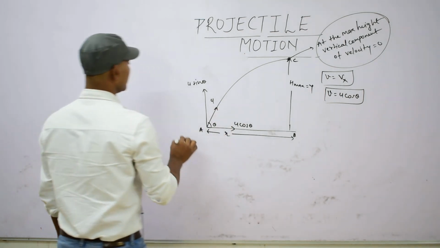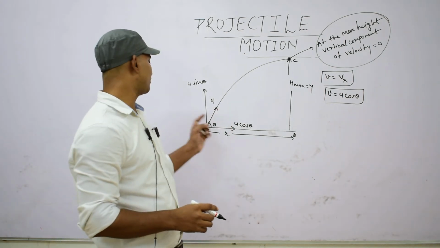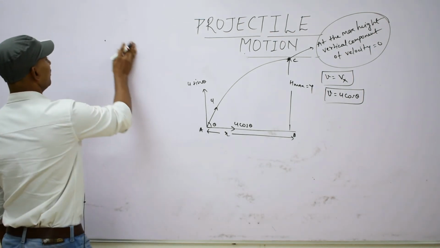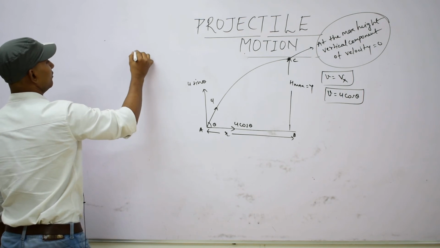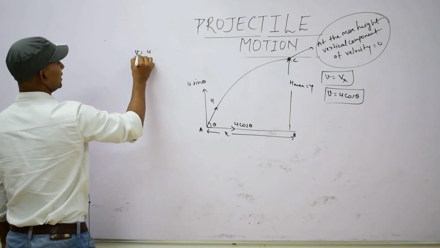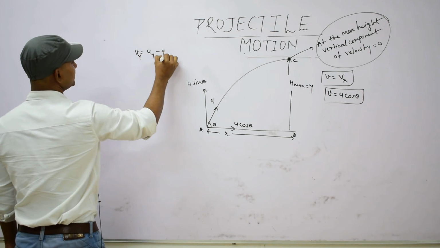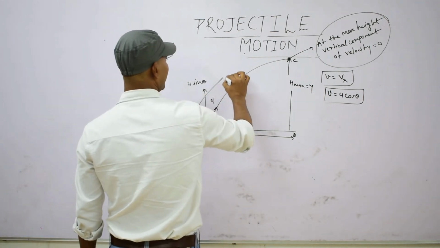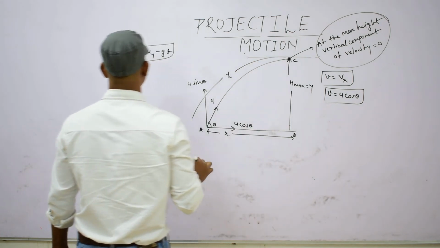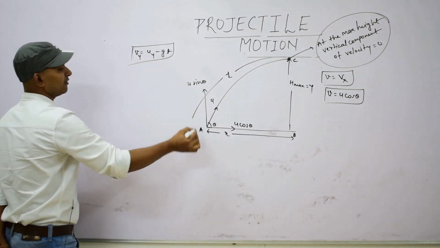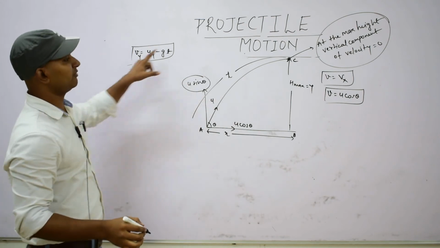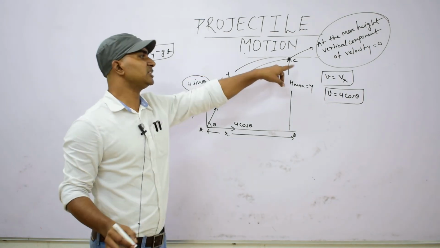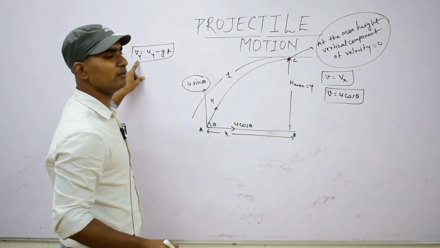Okay, so let's suppose I am just considering the vertical motion from A to C. From the first equation of motion, we can put that Vy is equal to Uy minus gt. Let's suppose the time from A to C is t. Now the initial velocity component is u sin theta, but the final vertical velocity component at C is 0, meaning at this maximum height, Vy will be 0.